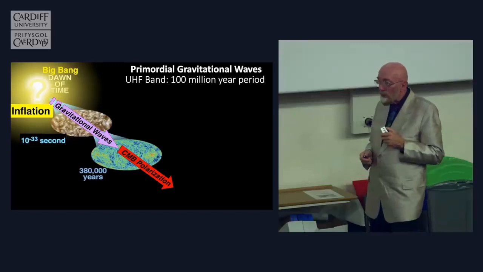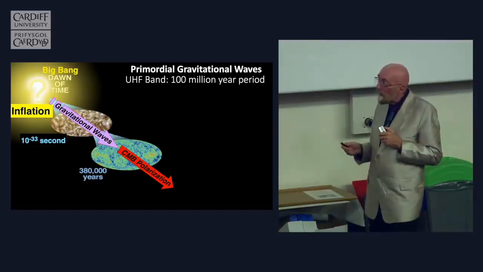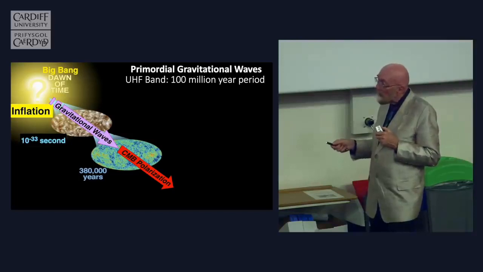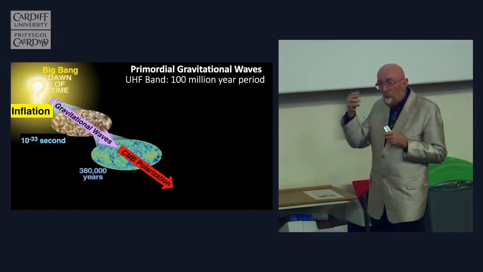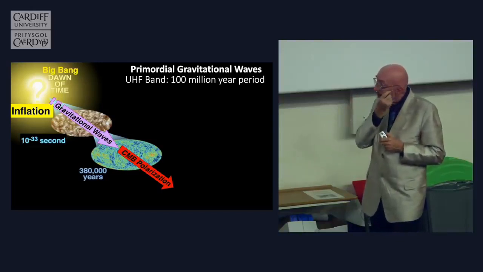They have found this polarization pattern, but there is noise in the data, and they're not sure whether what they've actually seen is due to the noise or whether it's really due to these primordial gravitational waves. That will get sorted out, I'm sure, within the next 10 years.